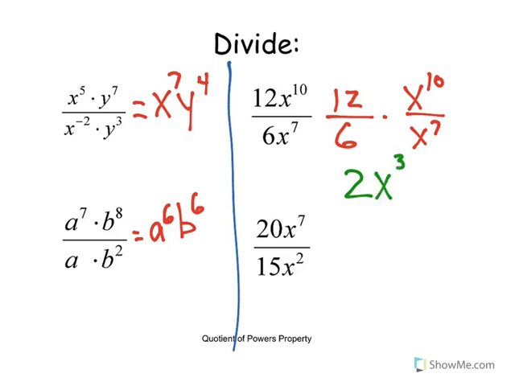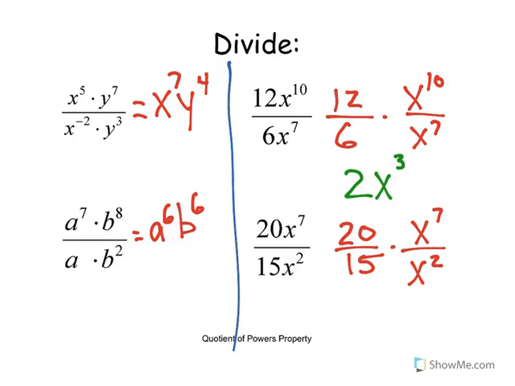So in a really basic sense, in a simple problem like this first one, what are we doing? We're dividing the coefficients and we're subtracting the powers. The problem is that's not always going to work, right? 20 is not divisible evenly by 15. So look at what we have on the bottom. I've got 20/15ths, and I've got x to the 7th divided by x squared.